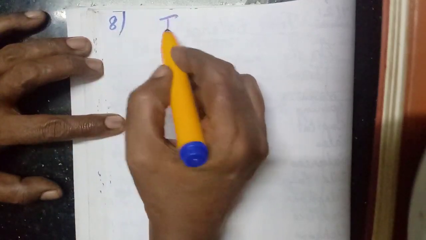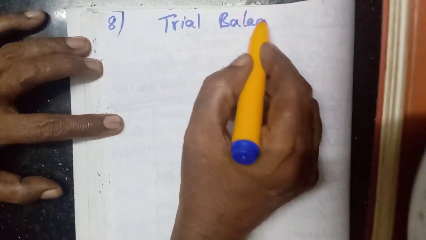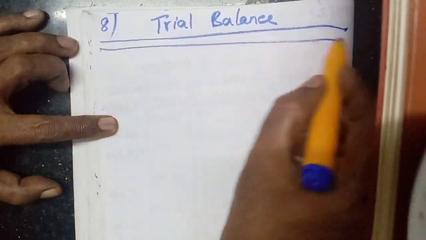Okay, here in the books of nothing given, so directly we will prepare the trial balance. 5 columns.